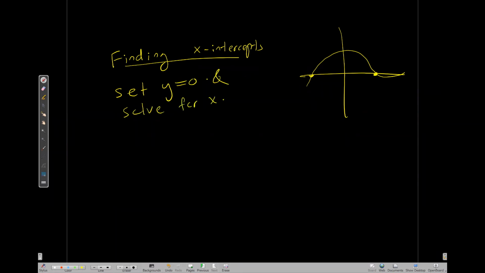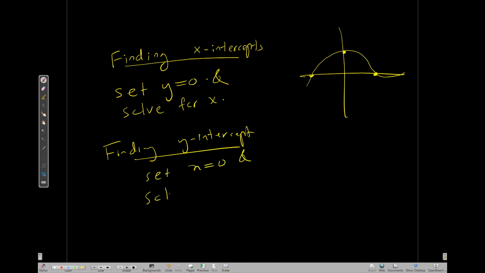And similarly, finding y-intercept, we have to do the other way around. See here, you know the x value is 0. So set x equals 0 and solve for y.